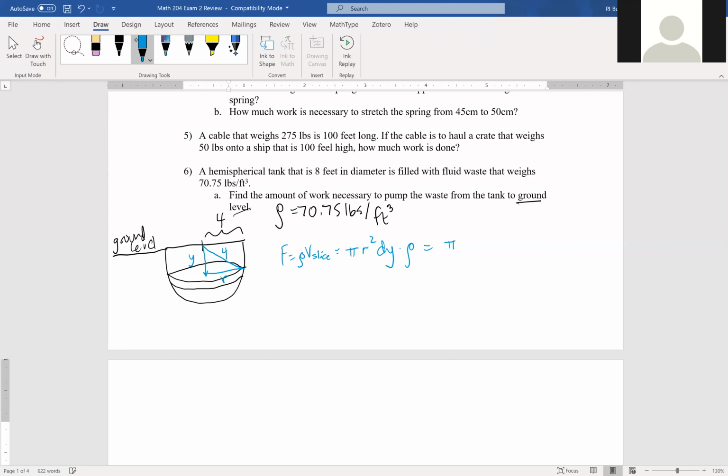So pi rho, little r here, squared, using the Pythagorean theorem, is going to be 16 minus y squared. All right, so if we do the Pythagorean theorem, it's y squared plus r squared equals 16. So just solve for r squared.